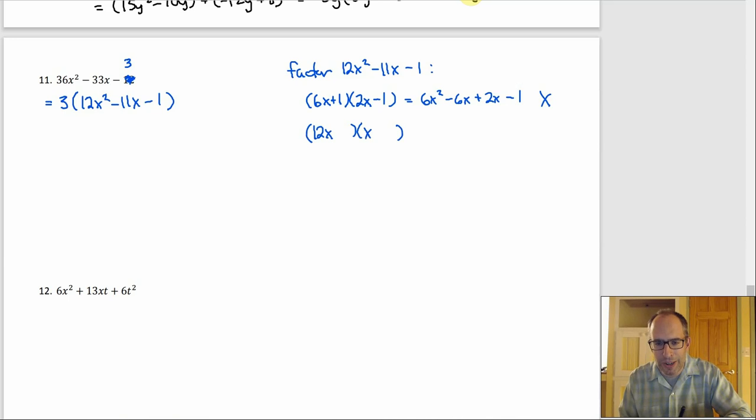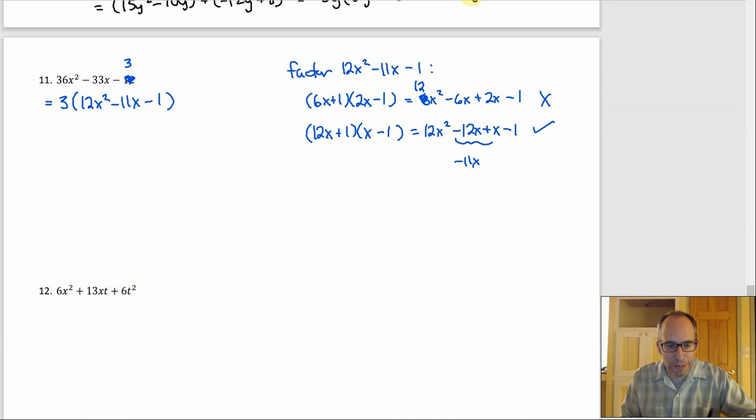And then I want to get a negative in the middle, so I've got to put the negative here. When we FOIL, that negative gets multiplied by the big x coefficient. And if we do that, that's a 12, not a 6. This video is so long, I'm getting fatigued. So 12x squared minus 12x plus x minus 1. Good, right? That works because there's the negative 11x right there.